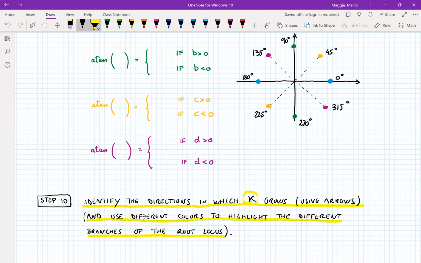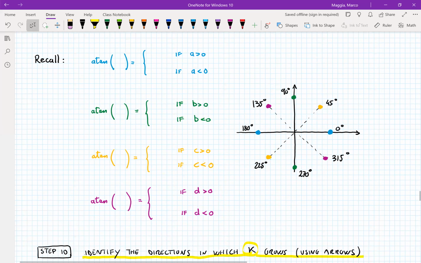If you use the rlocus function, so if G is your open loop transfer function, if you use the command rlocus of G, it will plot the root locus for the closed loop system, as in kG over 1 plus kG. And so it will use different colors for the different branches.